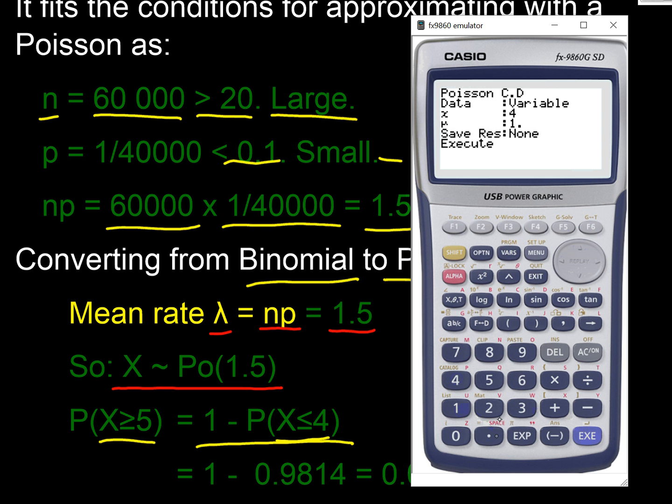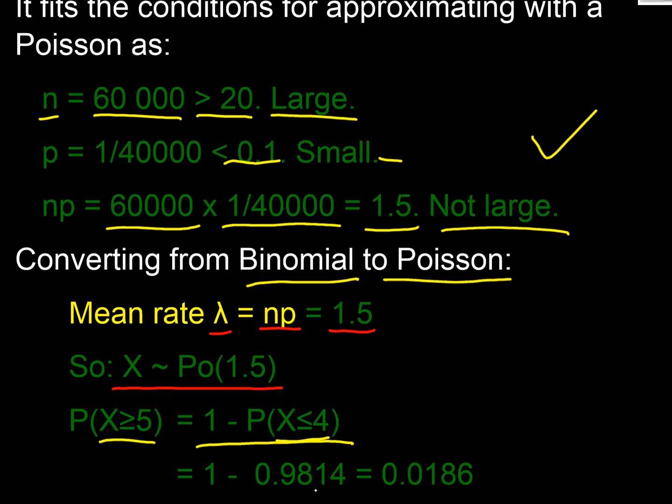Our mean here we're going to use is 1.5, and hey presto, the complementary probability is 0.9814. 1 minus that gives us a probability of 0.186. We're not surprised about that, are we? Because it's a very low occurrence of having 5 people. So that's very unlikely to have happened.